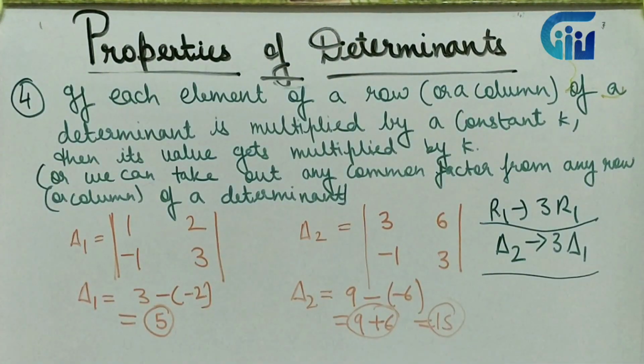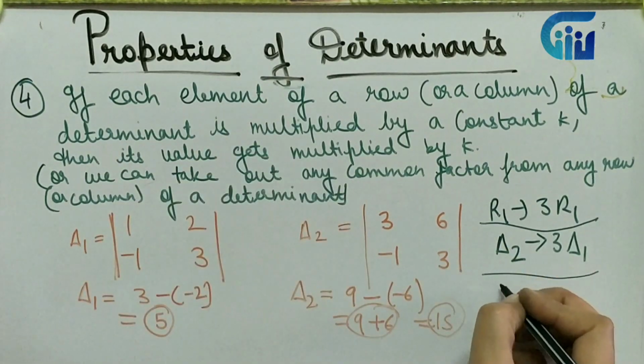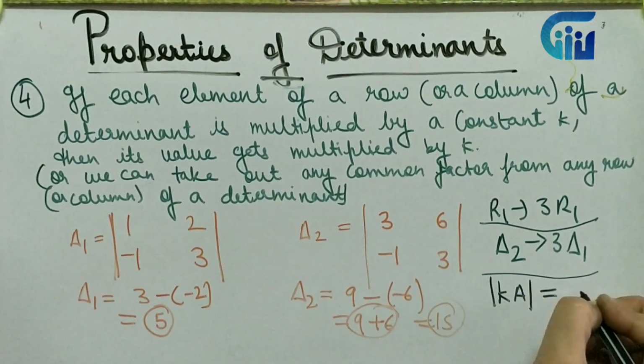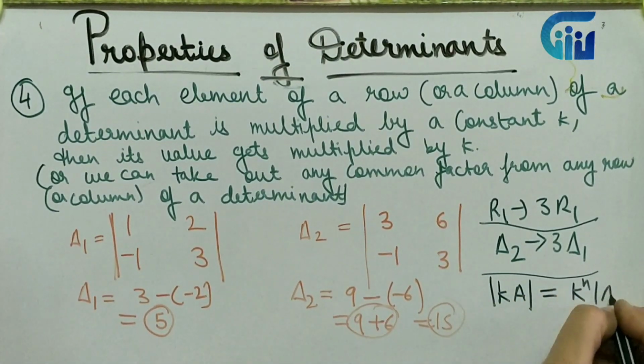Similarly, if I multiply any column by a constant, the value of the determinant will also get multiplied by that constant. So what do we learn? If you can recall, in the first video we did one result, which was that the determinant of kA is k to the power n times the determinant of A, where n was the order of the determinant.